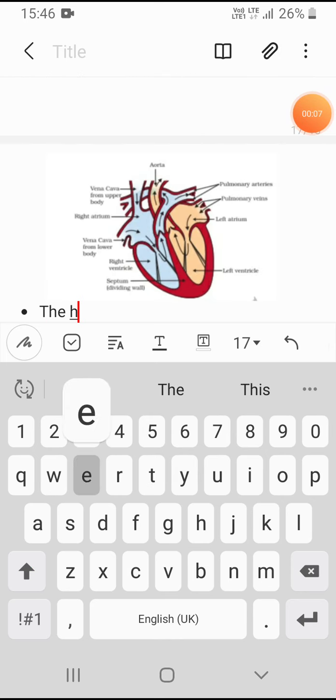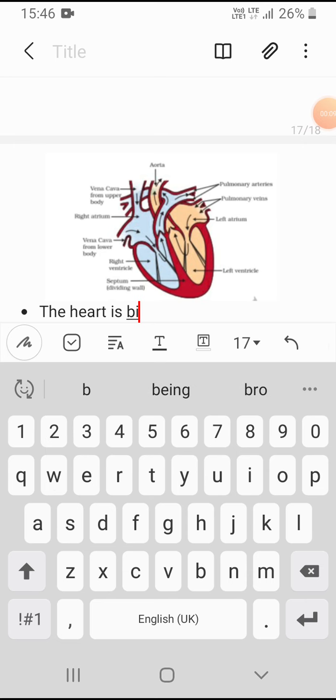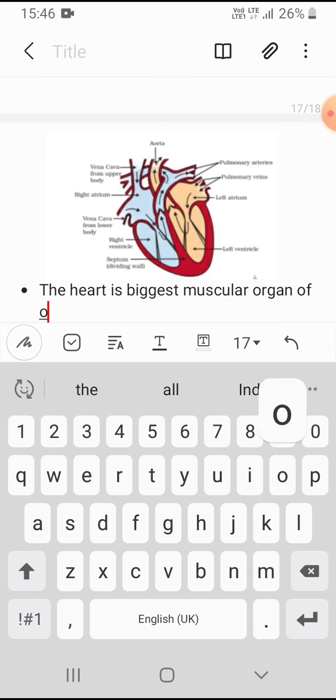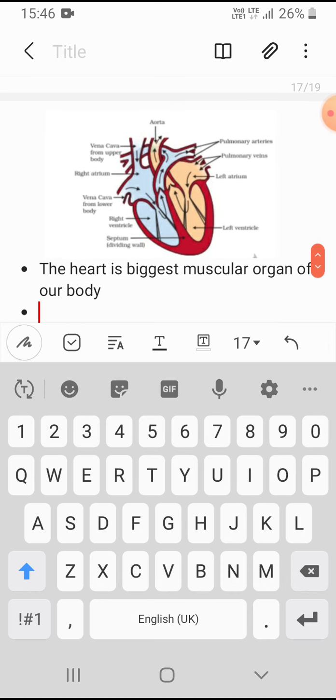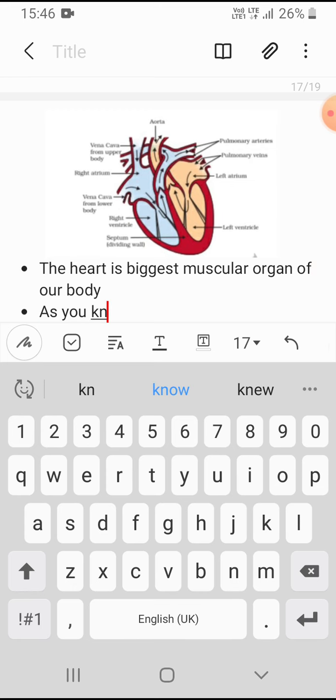The heart is the biggest muscular organ of our body. As you all know, there are both oxygen and carbon dioxide in our body.